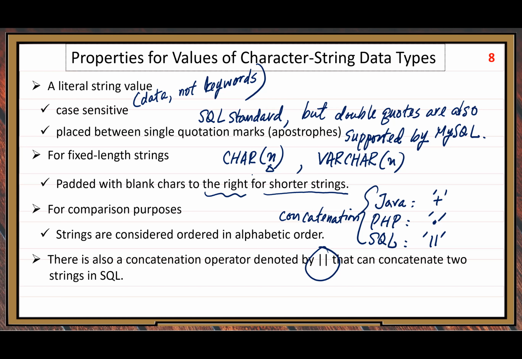For a fixed character string, you need to pad with blank characters, but for variable, you do not pad, okay? Because if you do not have that many characters, you just use the shorter string. Why would you need to pad, right?